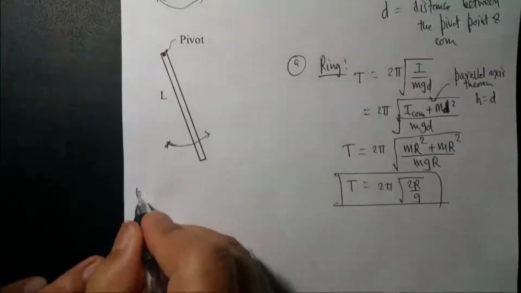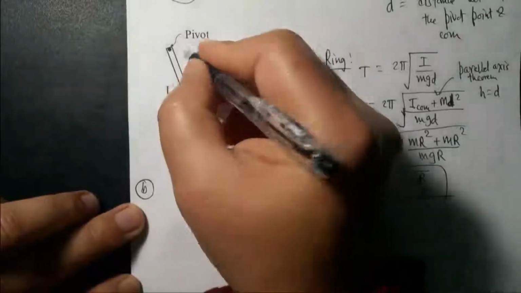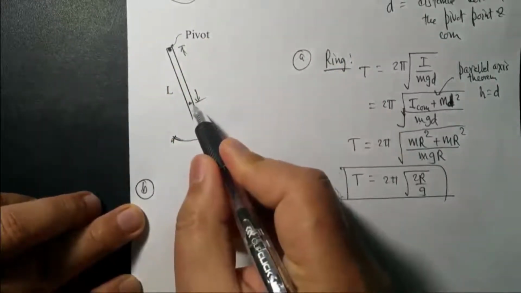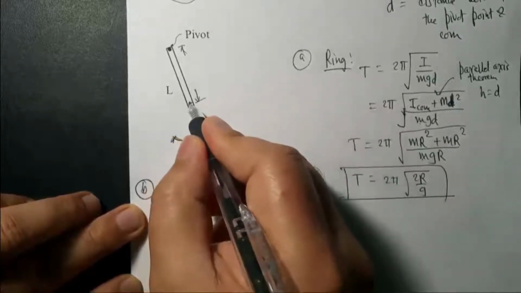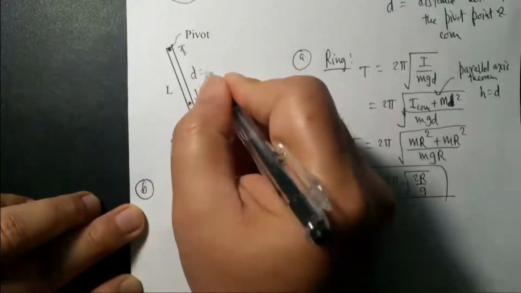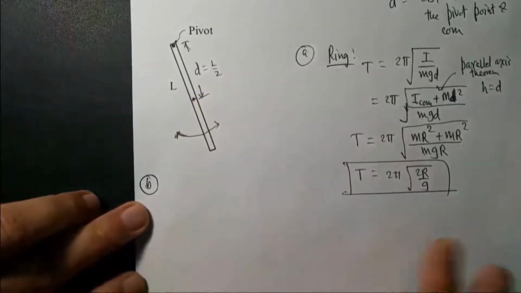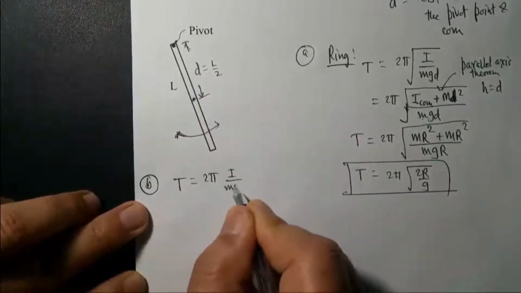So let's do the second part. Again, your d in this formula is this. The center of mass of a meter stick or any rod lies at the geometrical center, which is half the length. So the general time period formula is 2 pi square root of I over mgd.